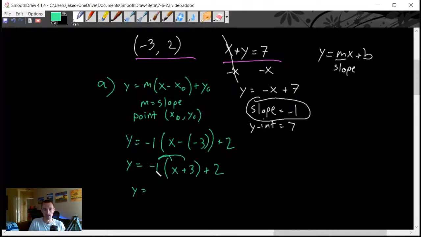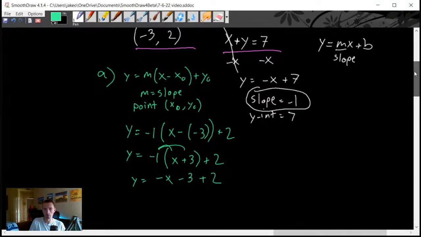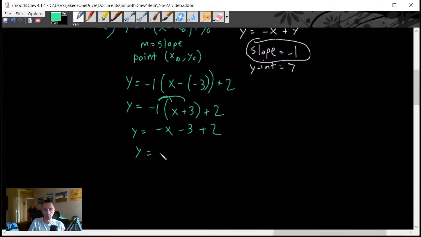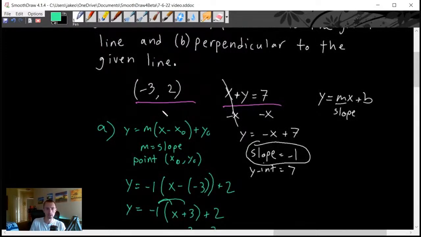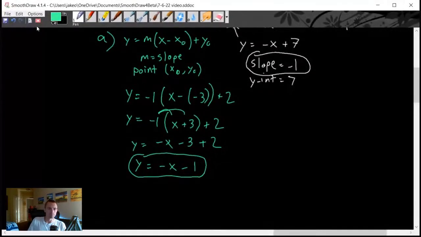We're going to get y equals -x minus 3 plus 2, and then the -3 and the plus 2 can combine, giving us y equals -x, -3 plus 2 is -1. So now our slope-intercept form is right here, y equals -x minus 1. So that tells us that our slope is -1 and our y-intercept is -1. And that is going to be a line that is parallel to this line and goes through this point. Okay. Now let's go on to part B.